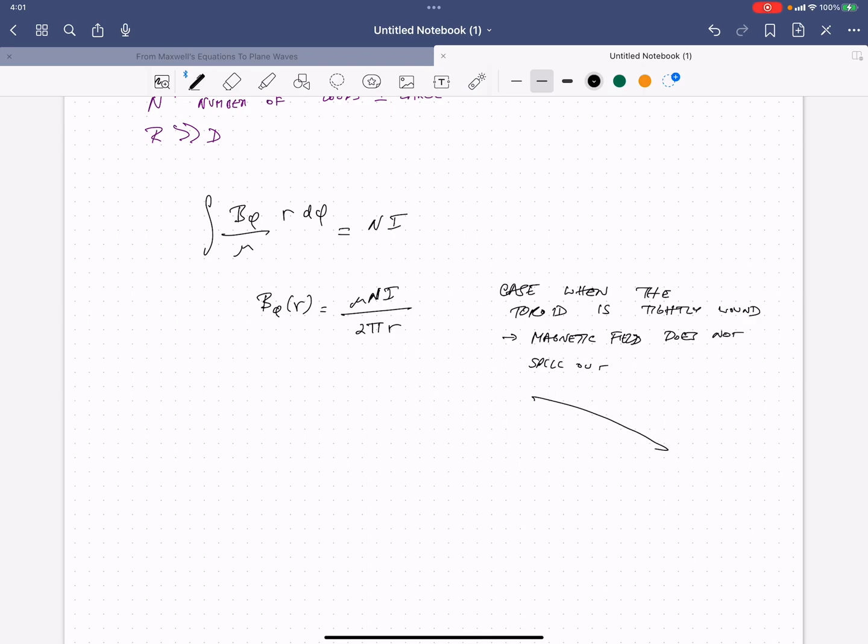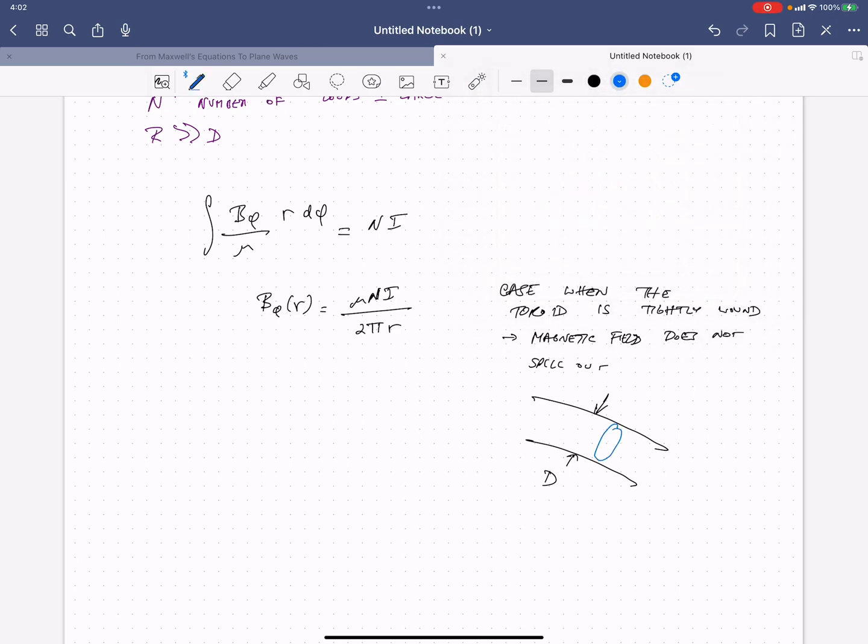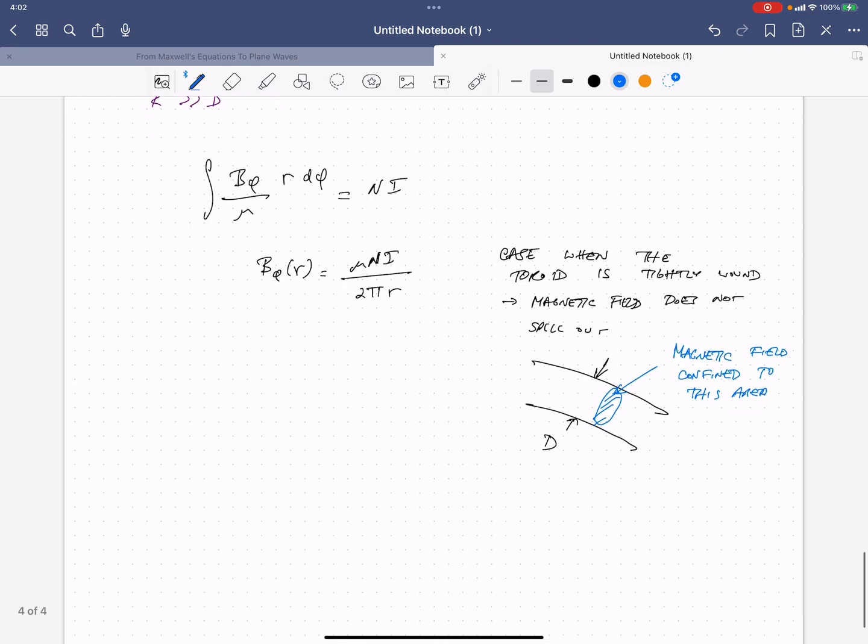In other words, the magnetic field is confined to this area, with thickness d, and this area is pi d squared over 4.